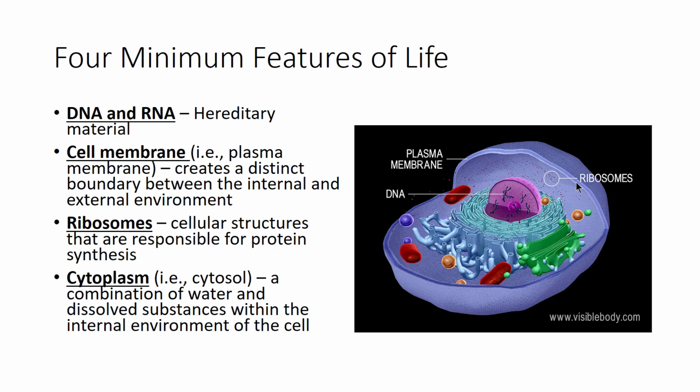Once again, it depends on who's talking about it; both terms more or less mean the same thing. That's the gelatinous, liquidy part that makes up the internal aspects of the cell. So, 4 minimum features, and all life has them. There are variations to them, but you cannot have life without at least those 4 things.